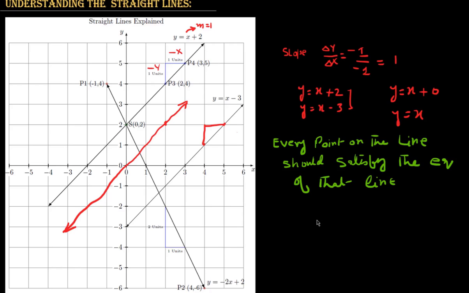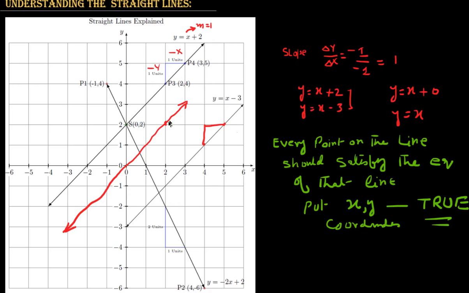Satisfy means that when I put the x and y coordinates of that point into the equation of the line, the equation should be true.